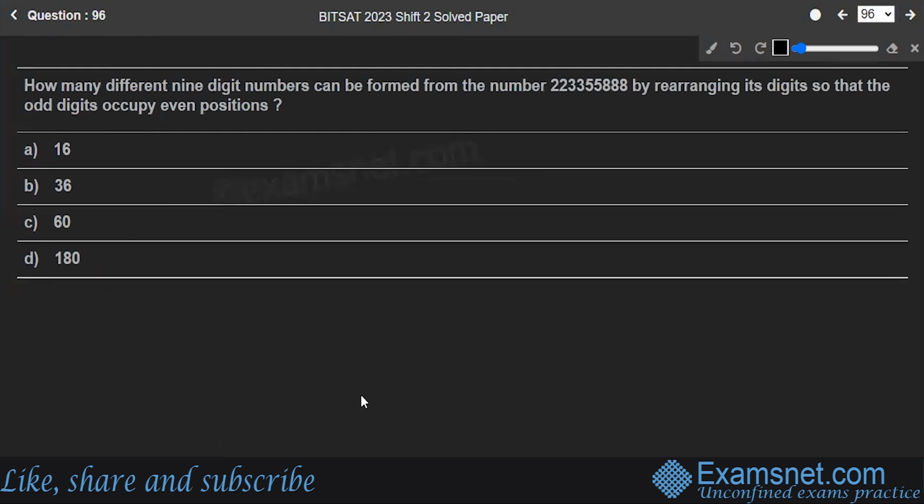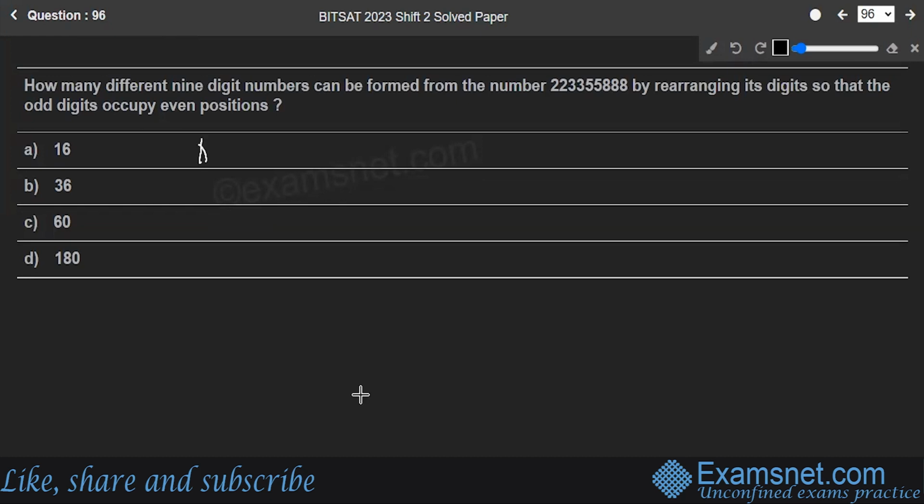How many different 9-digit numbers can be formed from this number by rearranging its digits so that odd digits occupy even positions? So you have 9 spaces.